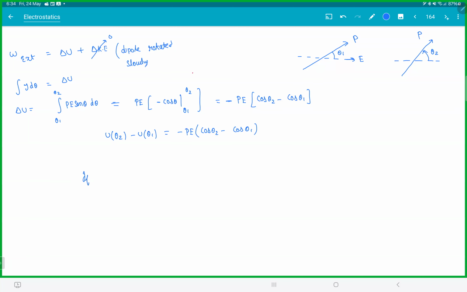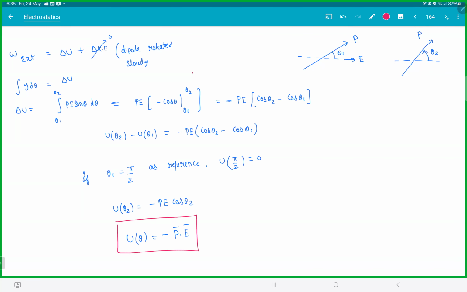So here, if we choose theta 1 as 90 degrees as reference, U of 90 is 0. You end up with U of theta 2 equal to minus PE cos theta 2. So this is the potential energy formula, minus P bar dot E bar. This is the second formula which we can remember.